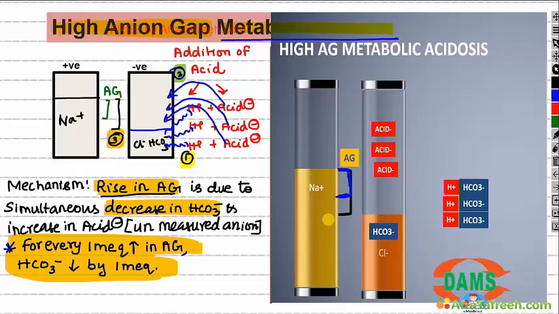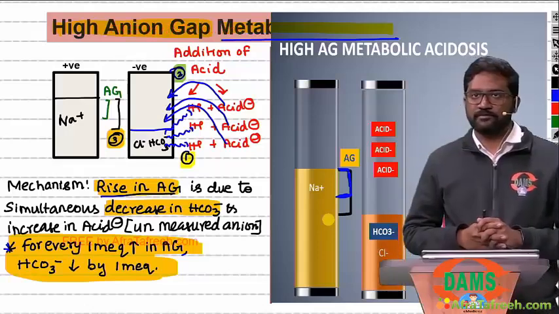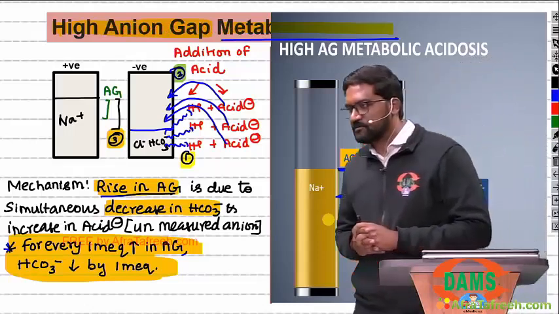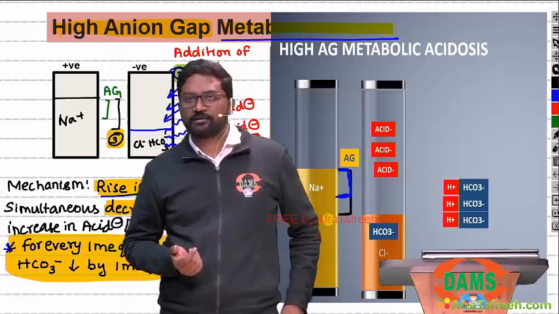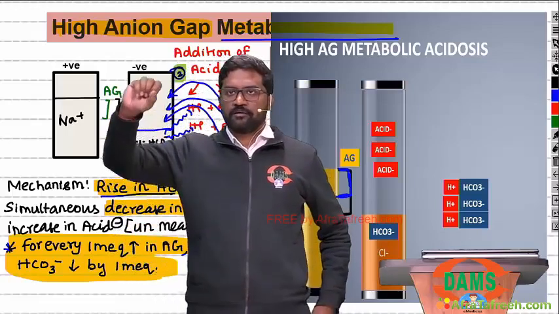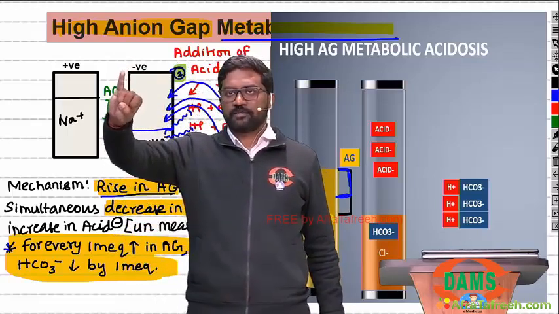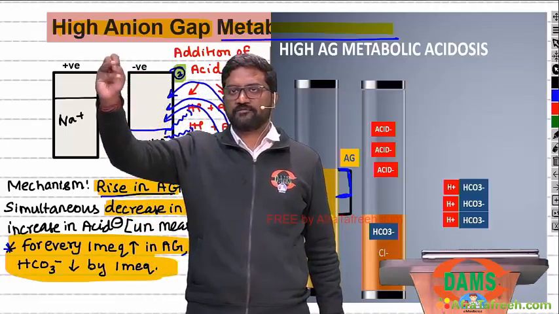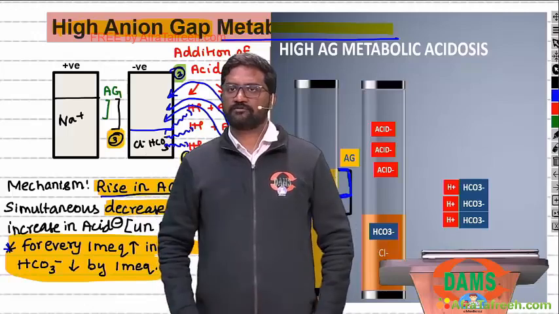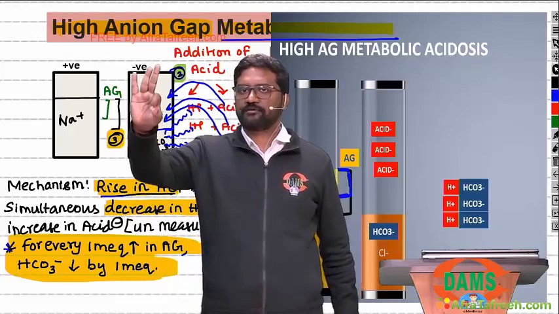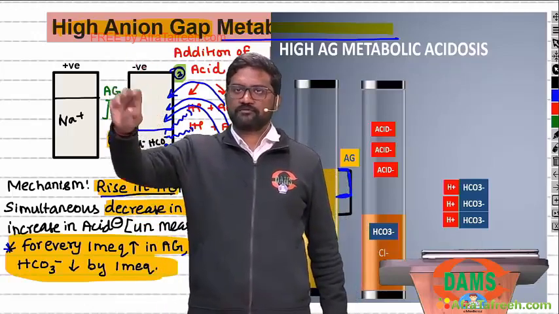Now coming to the causes of high anion gap metabolic acidosis. It is nothing but addition of acids. How will acid be added? Number 1, ketoacidosis, lactic acidosis, excess production of acids in your body. Number 3, when will these acids produced not go out from your body? Renal failure. Number 4, toxins or drugs.